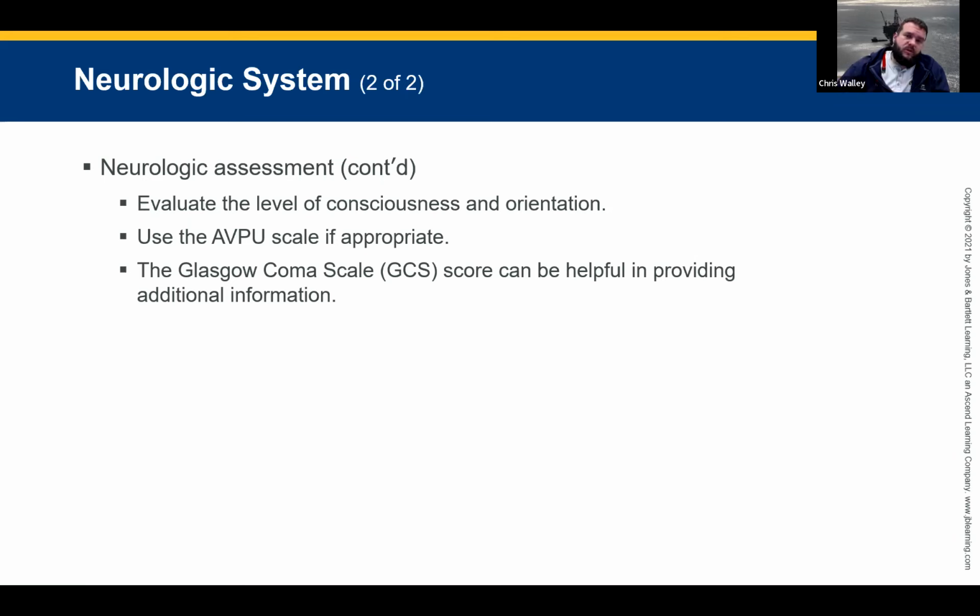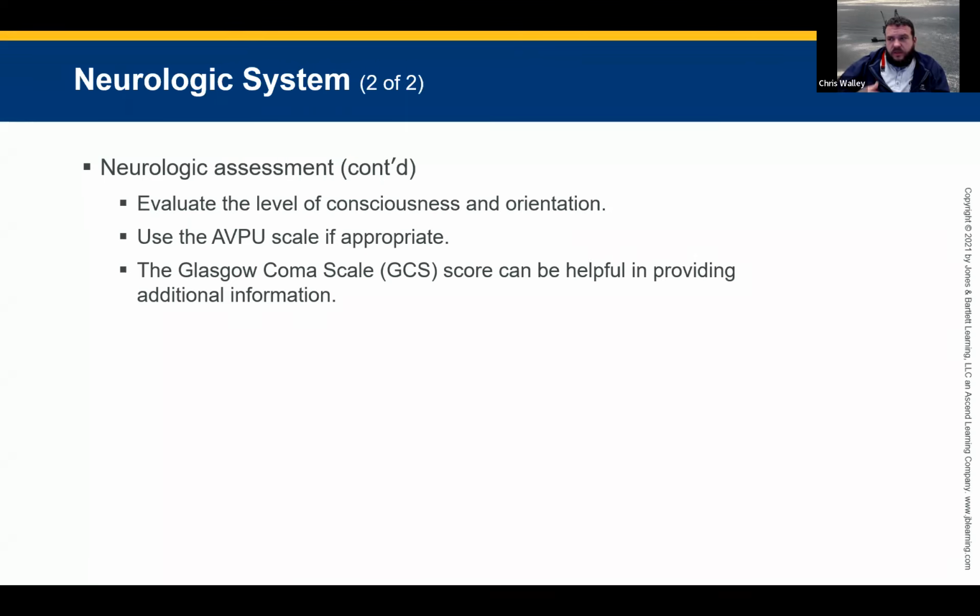I want y'all to know that, because understanding why we're getting the GCS will help you out a lot in your patient assessment, because the highest that you can get is a 15, the lowest you can get is 3. So if you're dead, you still get a 3.